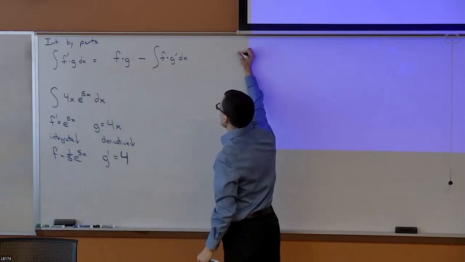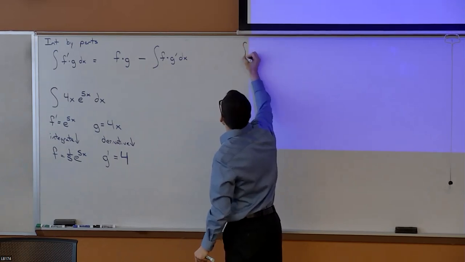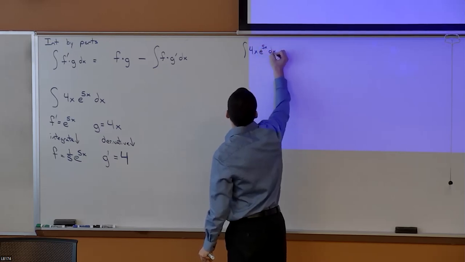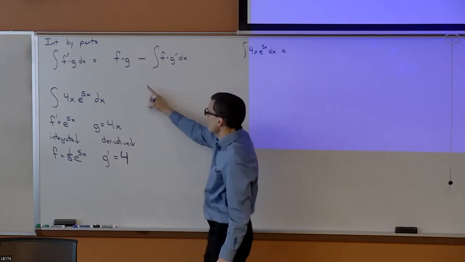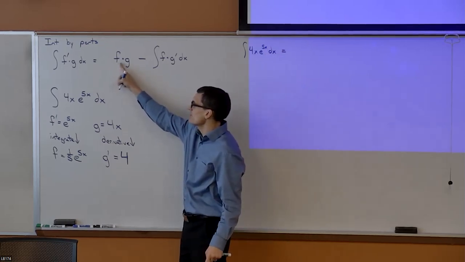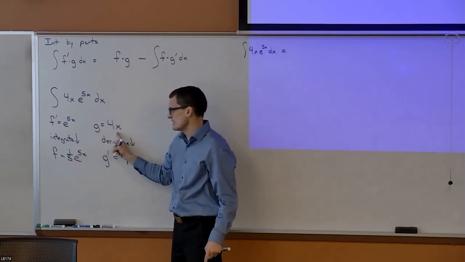So when I want to integrate 4x times e to the 5x, I know that the answer is going to be f times g. Now I know what f is, I know what g is.